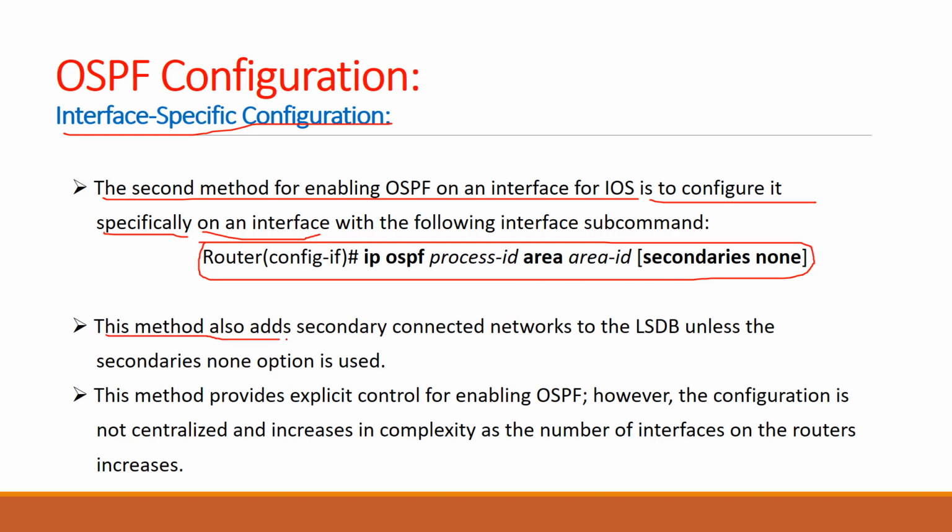So this method also adds secondary connected networks to the link state database unless the secondary none option is used.